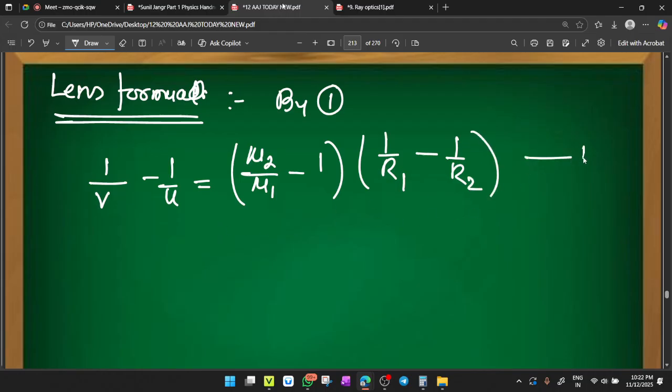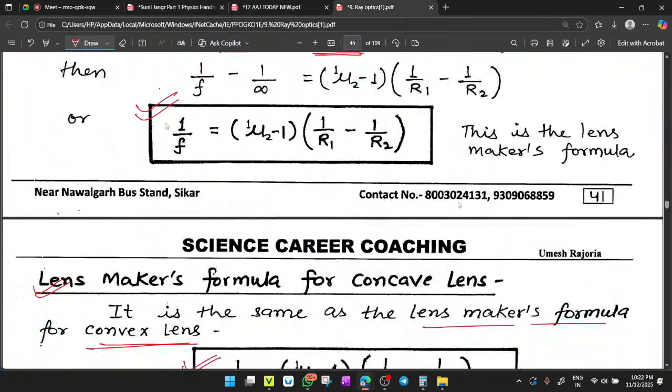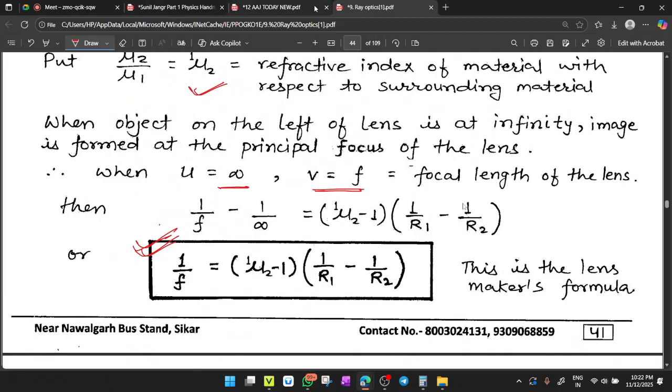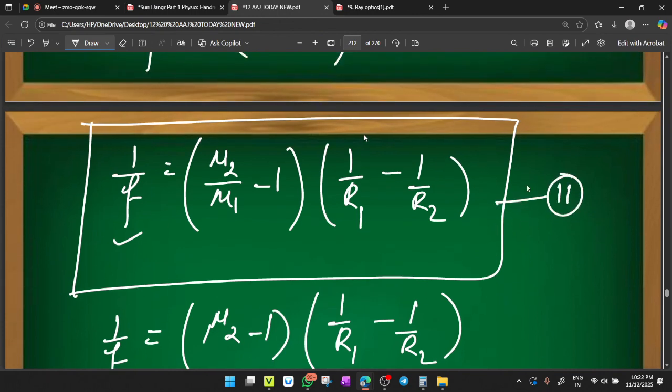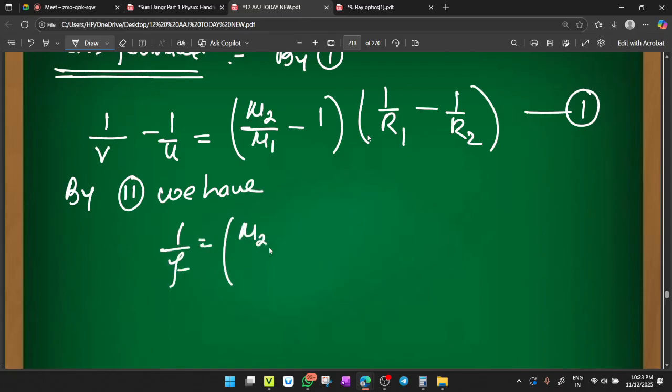And finally, the same formula we got: 1 upon F equals mu 2 upon mu 1 minus 1, 1 upon r1 minus 1 upon r2.